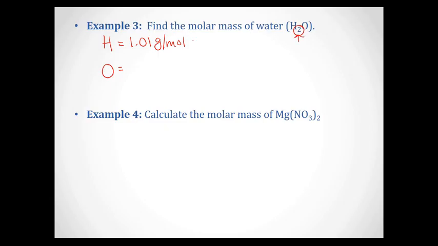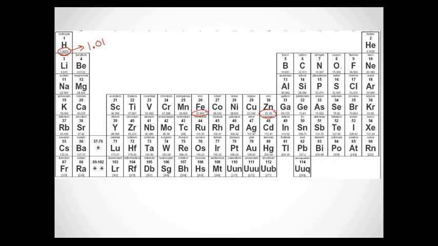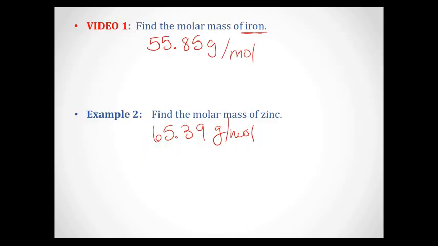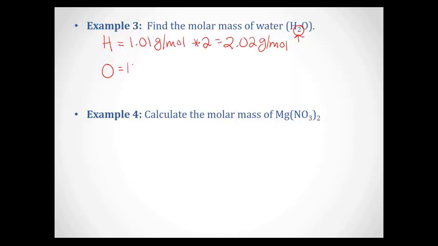However, we have 2 of them, so we need to multiply this by 2. We get 2.02 grams per mole of hydrogen. In that same compound we have oxygen, so we need to find oxygen. That's 15.999, but for 2 decimals we always go to the hundredths place, so we do 16.00 grams per mole.